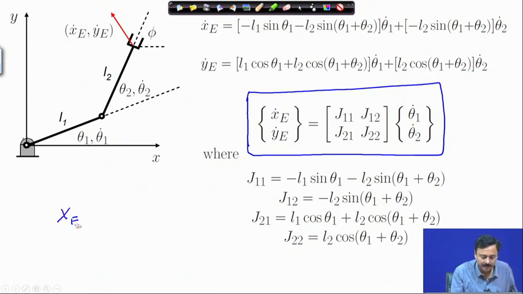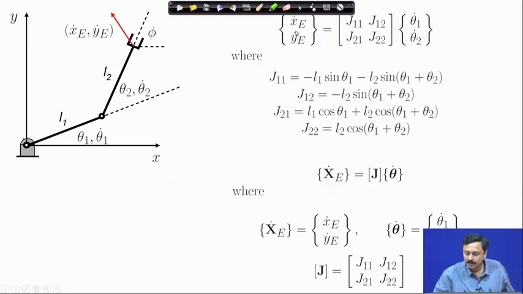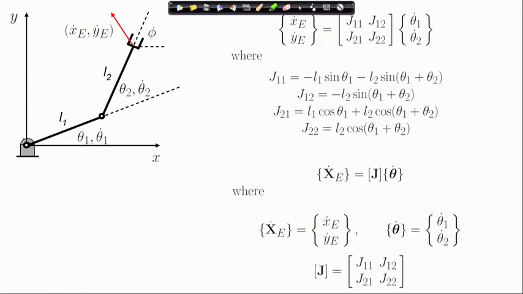So, we have the end effector velocity vector is the Jacobian matrix times the joint velocity vector. So, this is only a compact way of writing the relation.